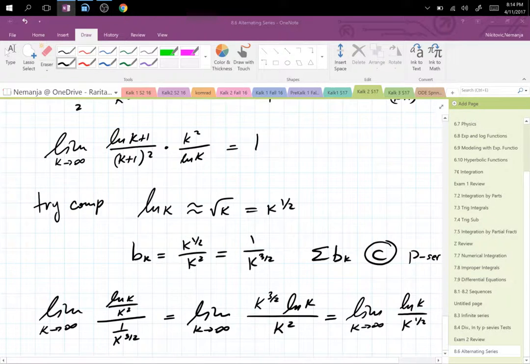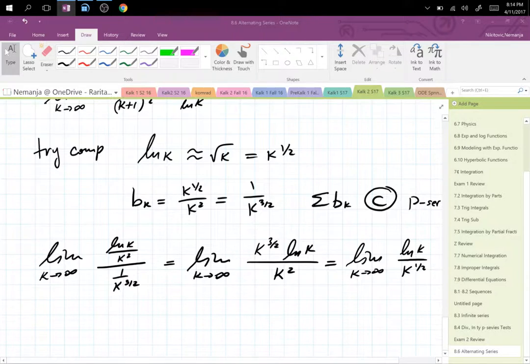It's slow over fast. Limit is 0. Right? Because ln is slower growing than any exponent on k, which is like a polynomial looking one. So we have equal to 0. I'll put in parentheses growth rate.